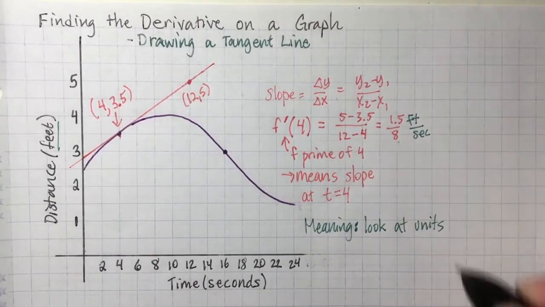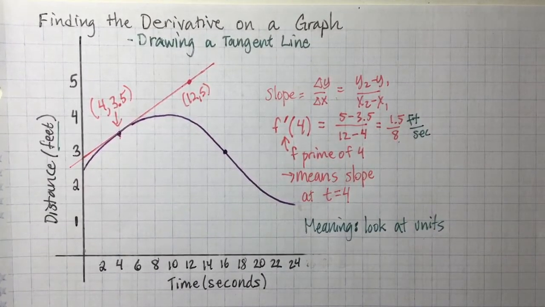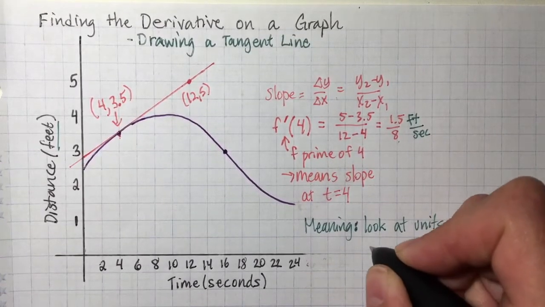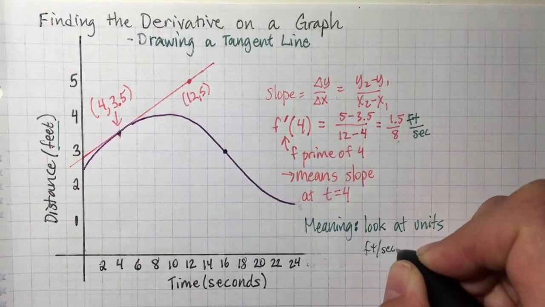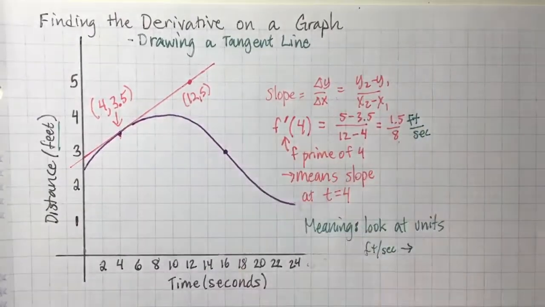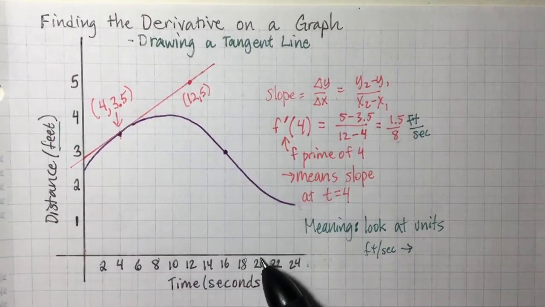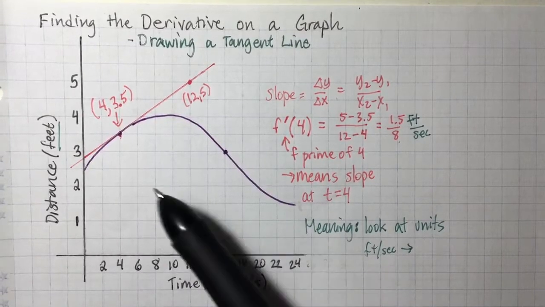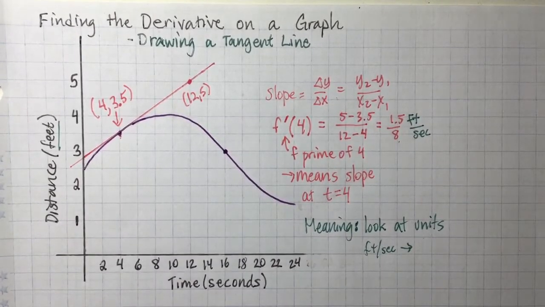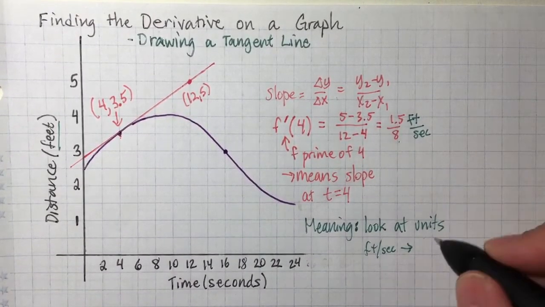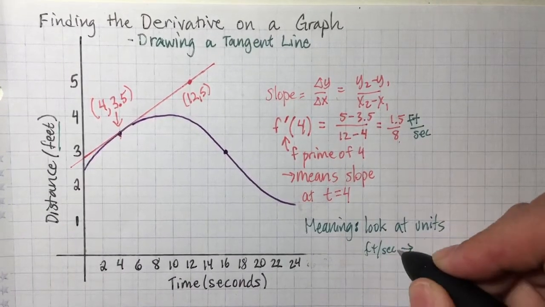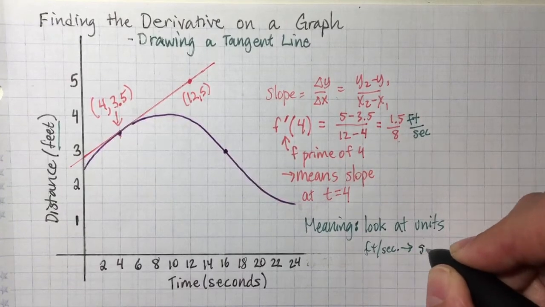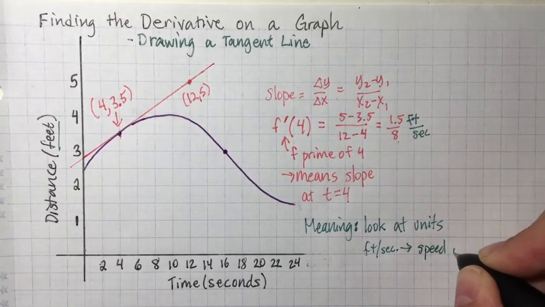So we have this 1.5 over 8 feet per second. So if we have feet per second, what would that mean? This would be originally like a distance from something graph, like could be my cat walking back and forth pacing, and this would be the distance from her cat dish because she always wants food. And so the feet per second is going to be our speed or velocity.